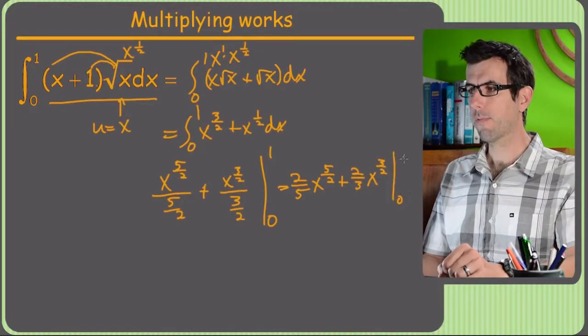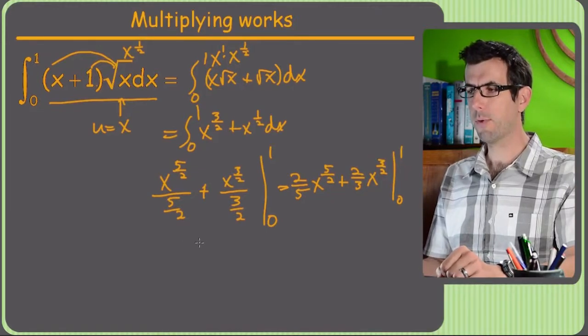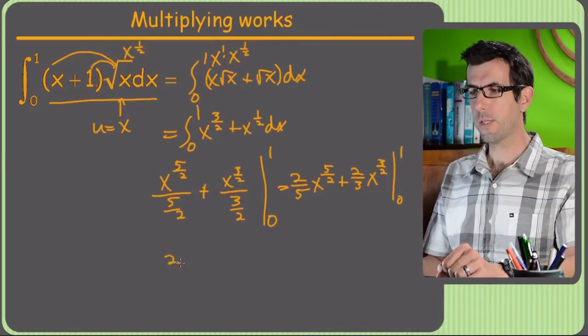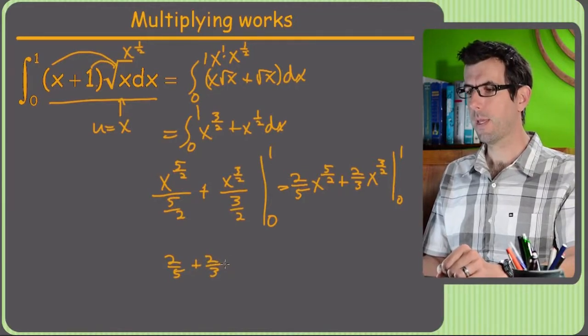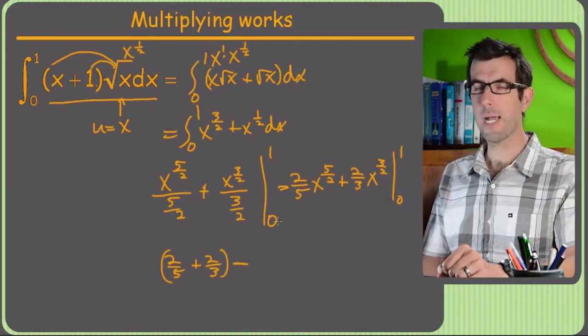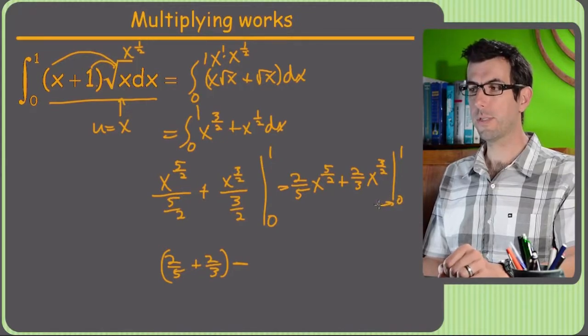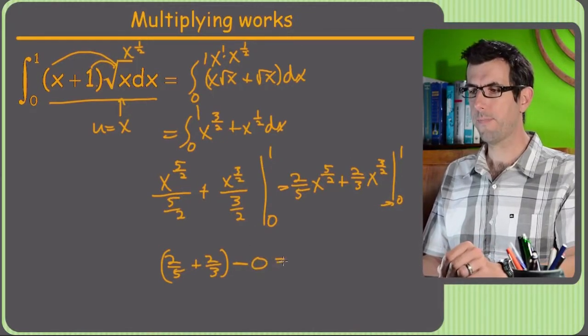And again, we're evaluating from 0 to 1. All right, this is where we just plug in our numbers. So if we plug in 1, we get 2/5 plus 2/3. And then I have to subtract and plug in the bottom limit, which is 0, but of course that's just 0.